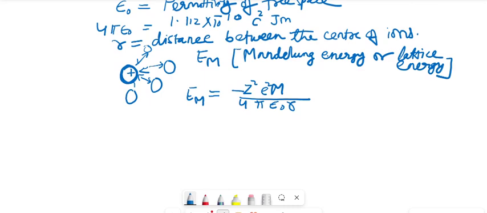So here M is the Madelung constant, and this is related to the geometry of the crystal.